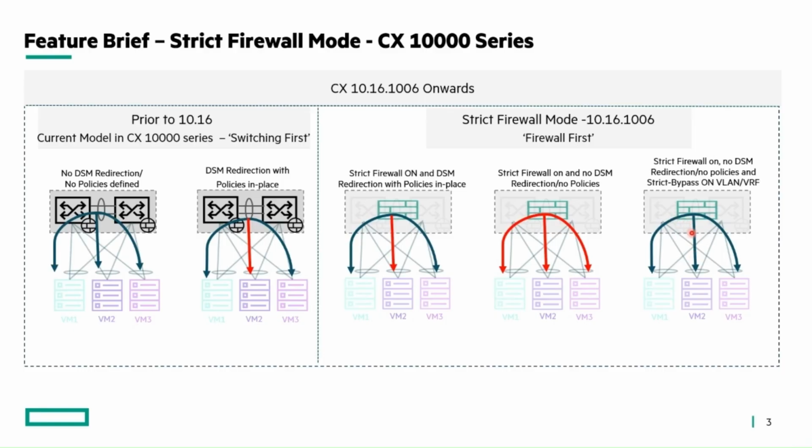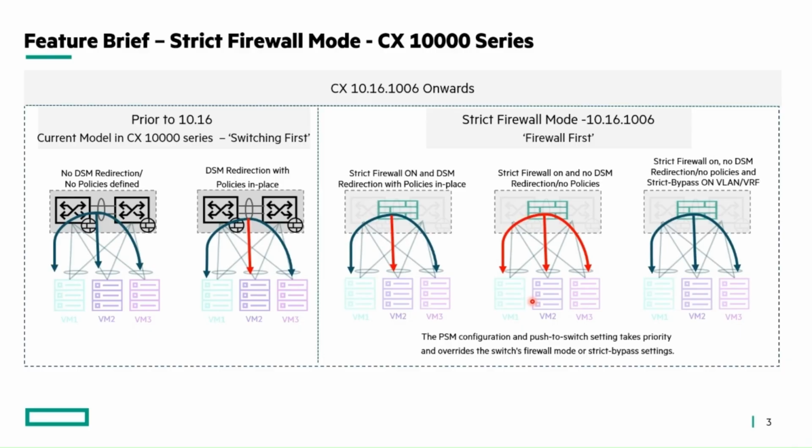You're choosing which ones. So you may have VM4 or 5 that you do not want bypassed; those will be blocked. So you have every control you need with this feature, and it's pretty straightforward. It's configurable through CX CLI and REST.